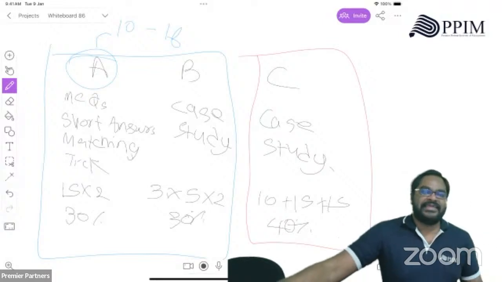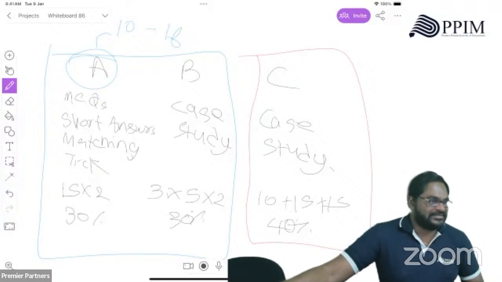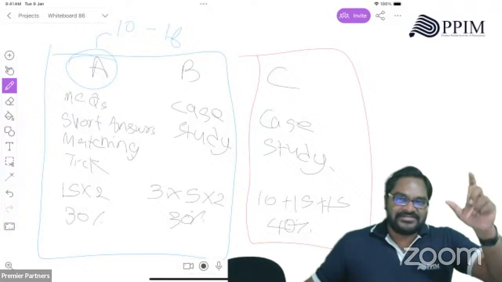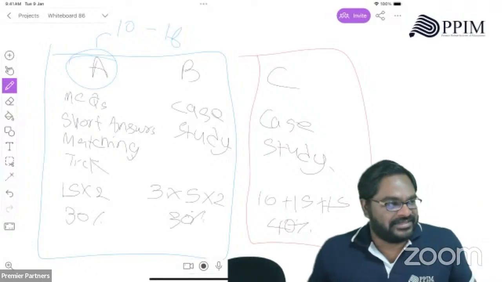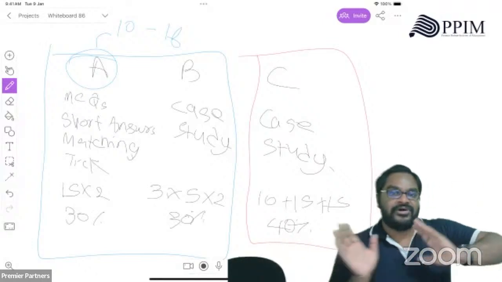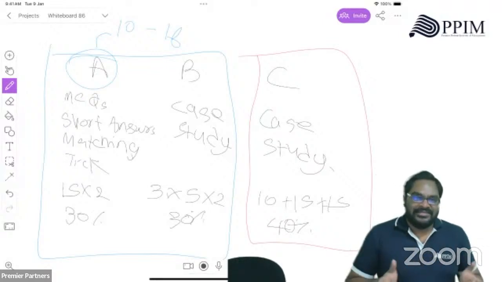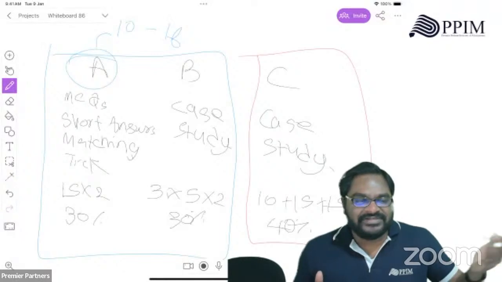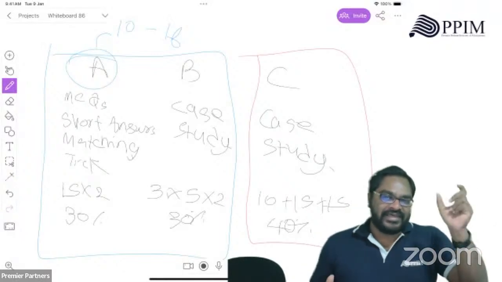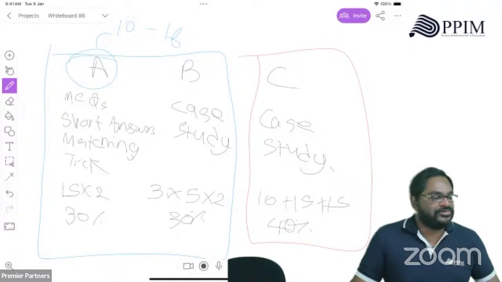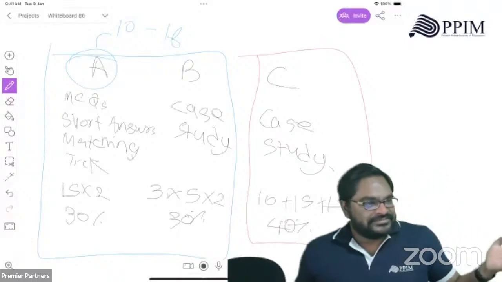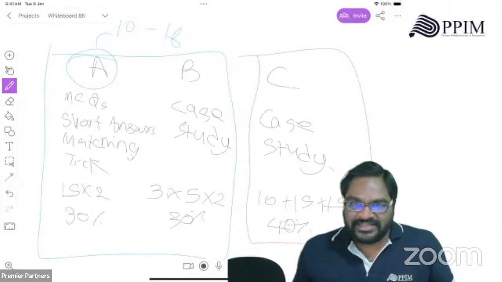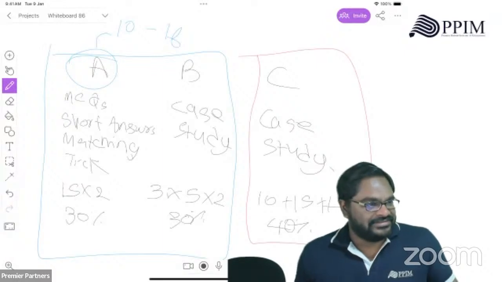Even if your final answer carries some casting errors, the marks will be allocated to the steps in section C. But when you move on to section A and B, only the final answer will be there. Steps are not there. Workings are not there. So if your final answer is wrong by any chance, you are losing the full marks. That means the risk at that stage is high. Agree?